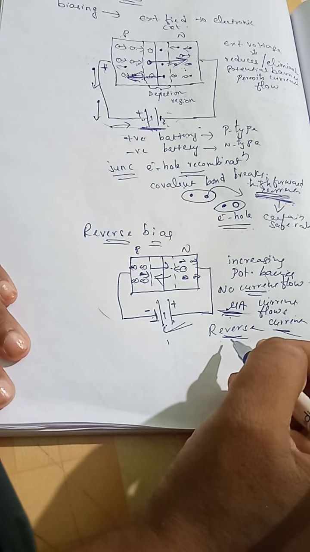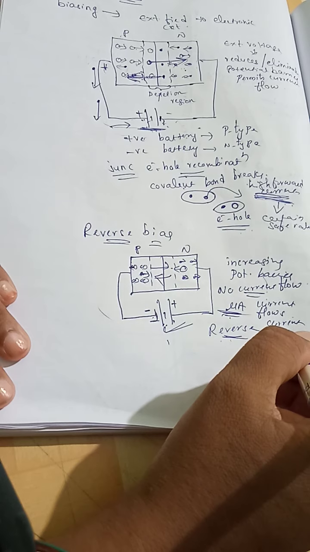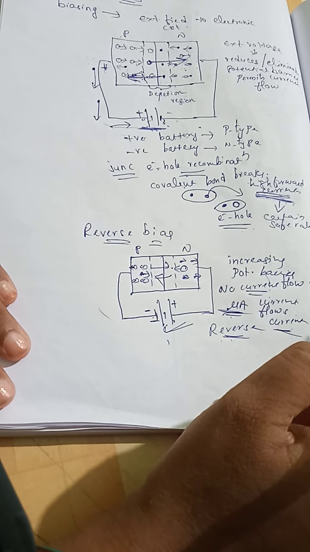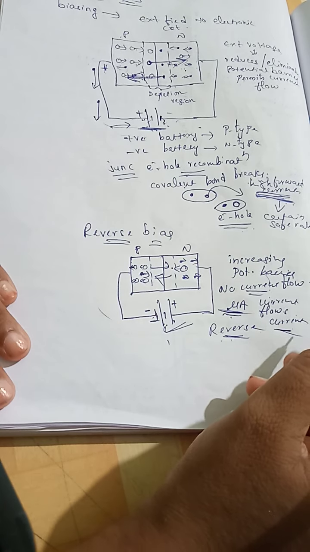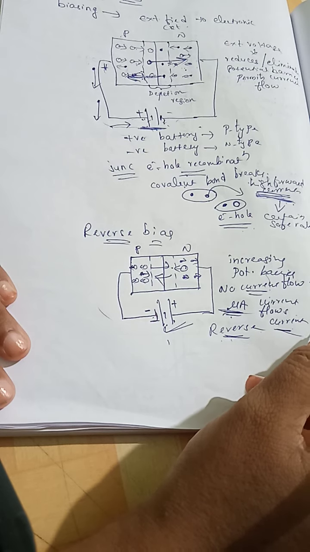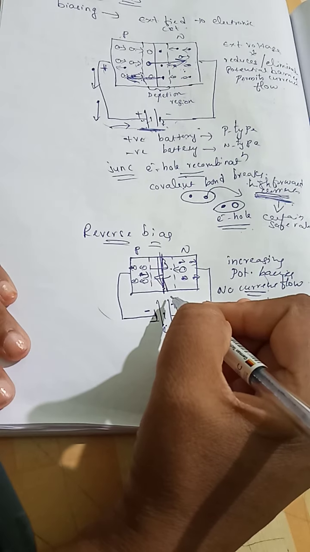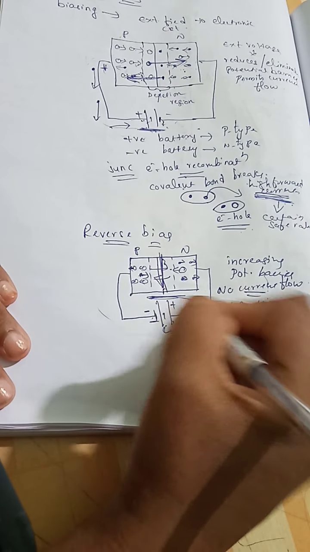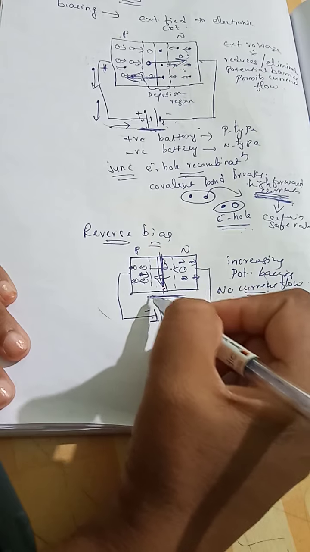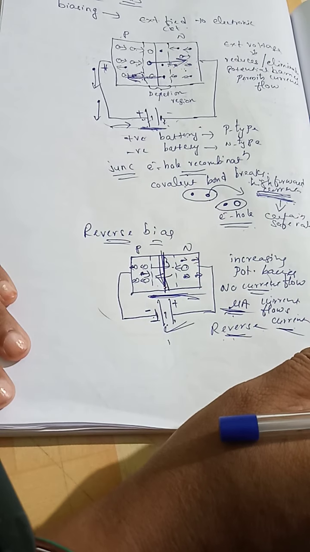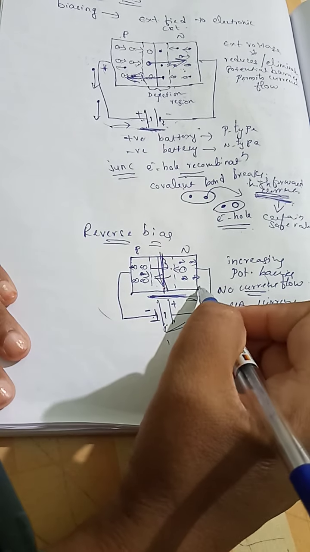So we call it reverse saturation current. And if we increase the reverse current beyond a certain safe value, due to heating, the junction breaks down permanently. So the junction is destroyed permanently. This is about reverse biasing.